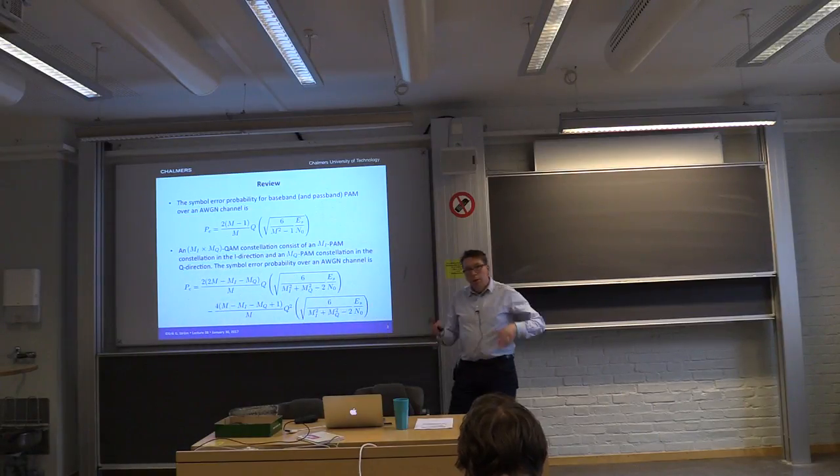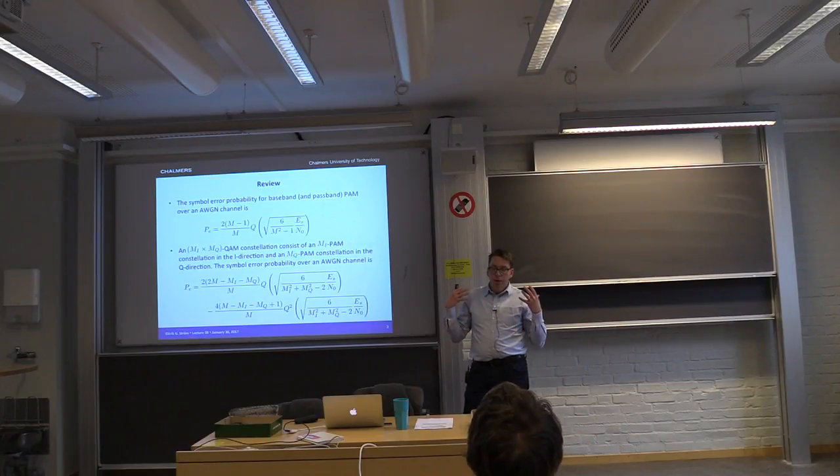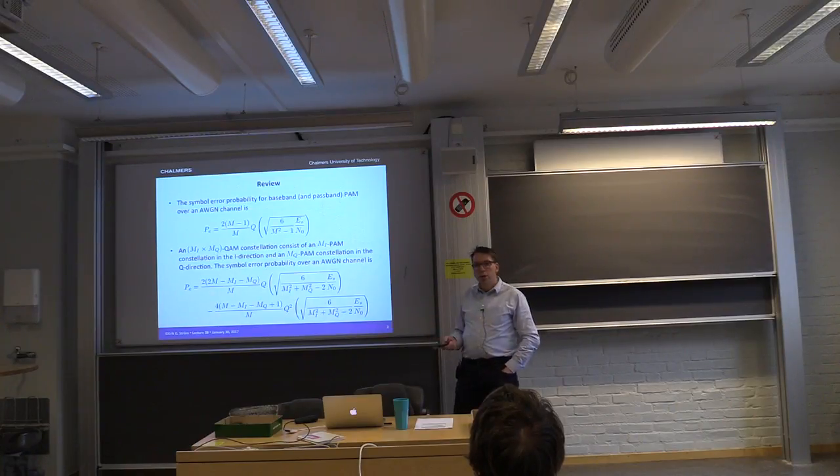so a message we should carry with us is that transmission over channels is not error-free. We will always have errors. Okay. So we need to be able to deal with this, otherwise our system will not be very good. And the errors we have been talking about now are symbol errors.